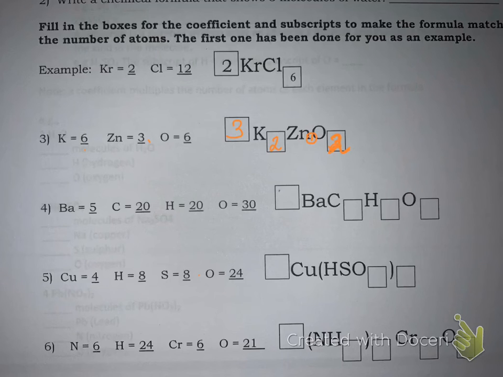Let's jump down here to number 5. Let's start with the Cu. What times 1 equals 4? That would be a 4. So we know the coefficient in front is going to be a 4. Now, 24 divided by 4.